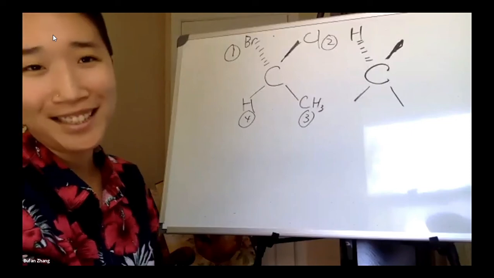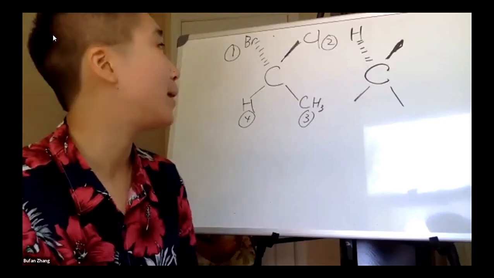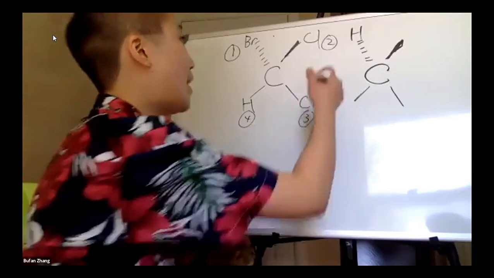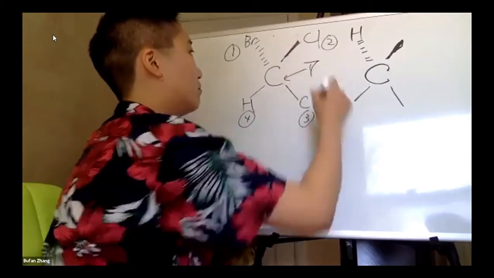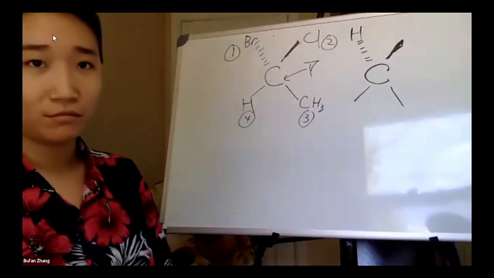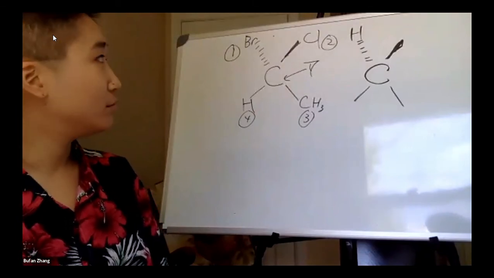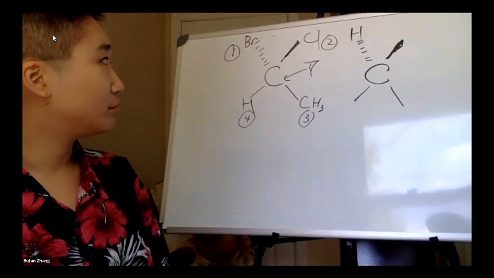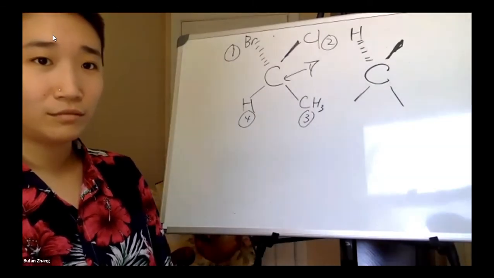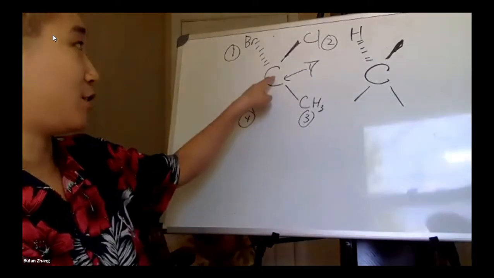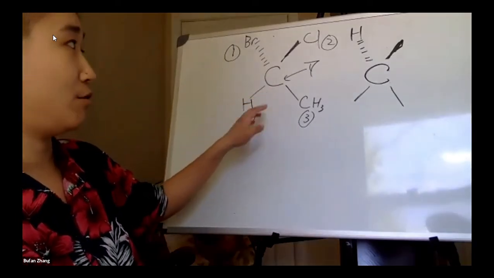Okay, so if we don't want to see the hydrogen behind it, I propose that we look from here. So we can't see the hydrogen. We look directly at the CH bond. Right, makes sense?